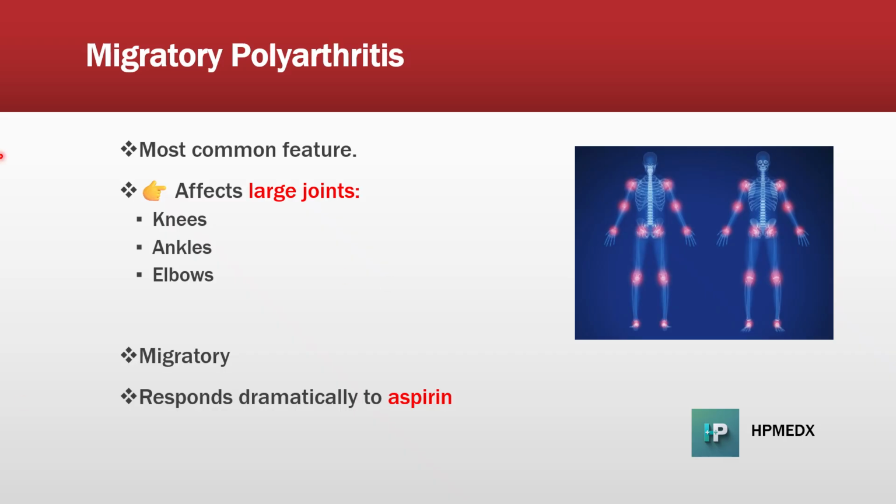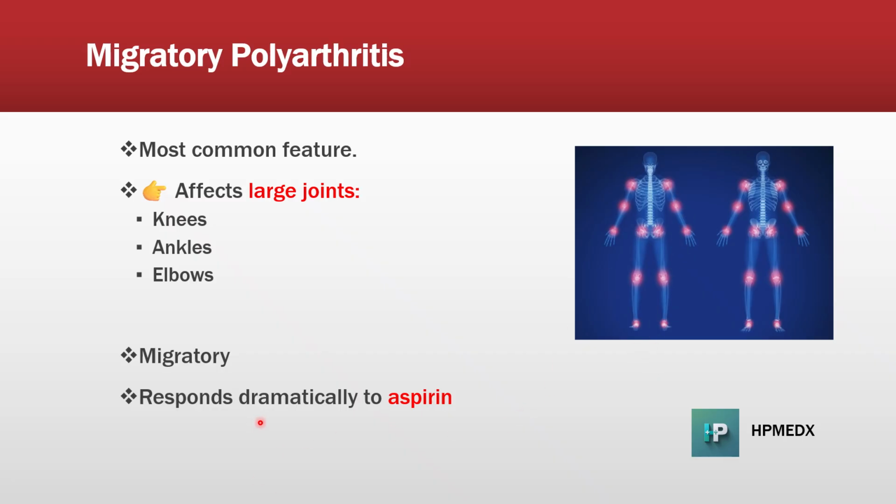And then migratory polyarthritis. What is migratory? That is, it changes its position from one joint to another joint over a period, and it is the most common feature of acute rheumatic fever, and it affects mostly large joints like knees, ankles, and elbows.